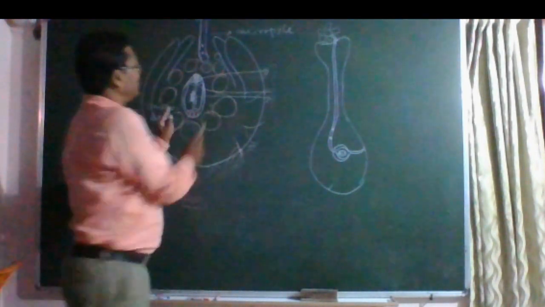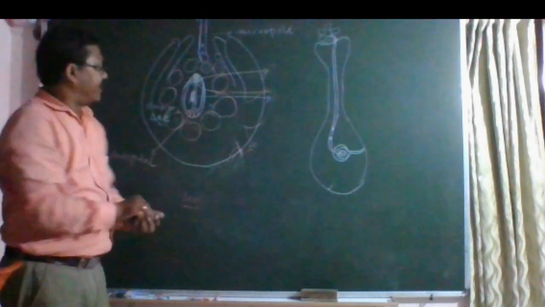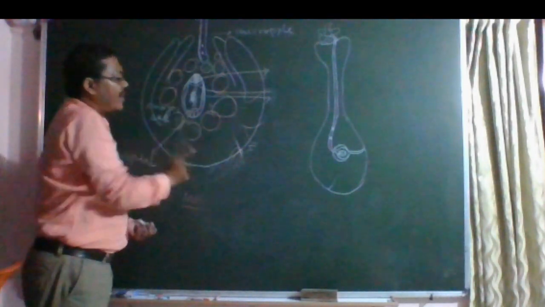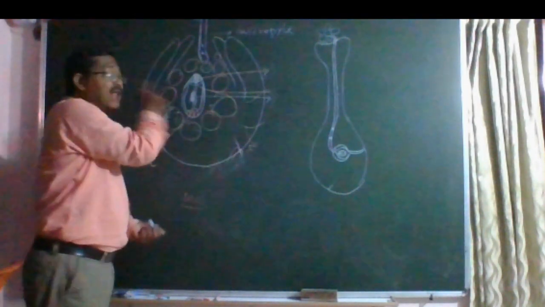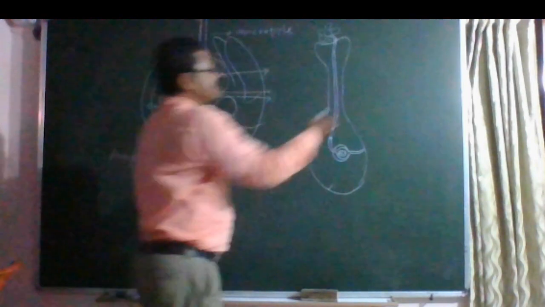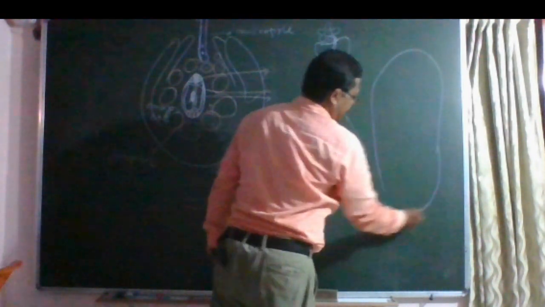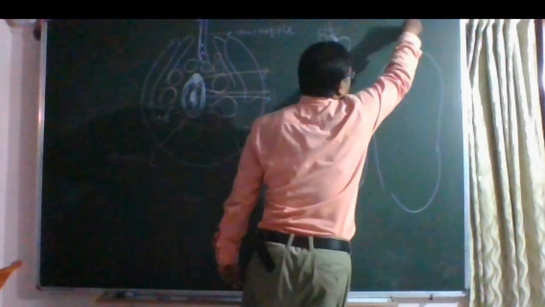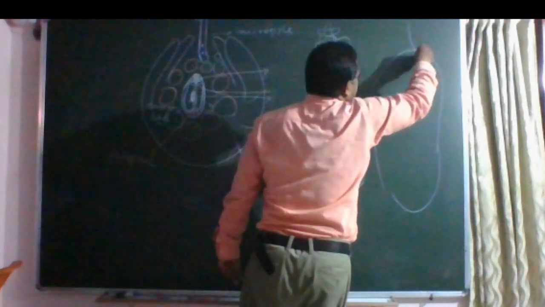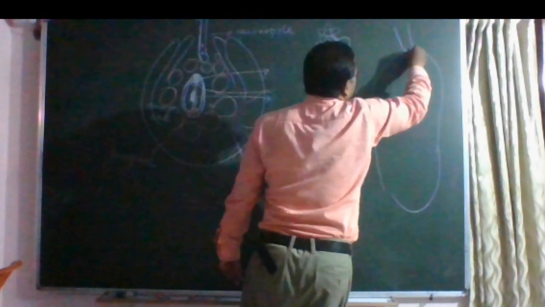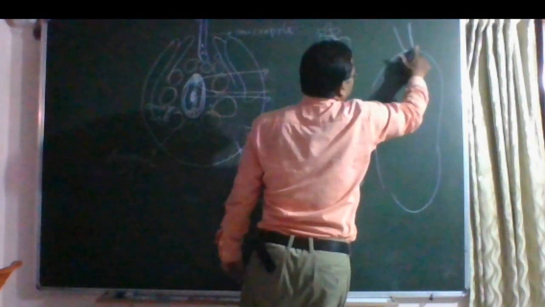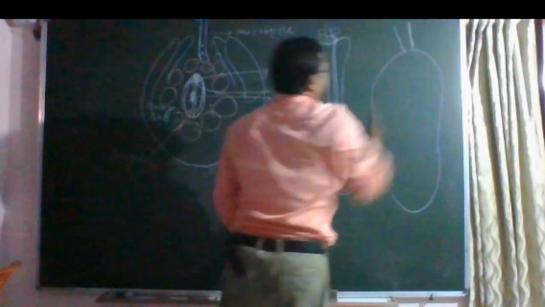Then we consider this large structure. Suppose this is a large embryo sac, and the apical part is the pollen tube, which comes in contact with the embryo sac. What happens?